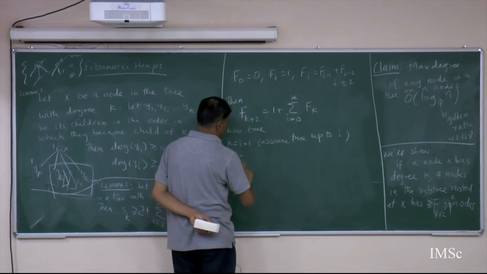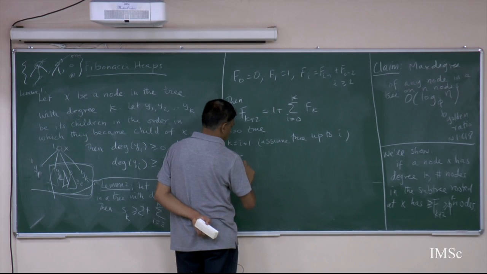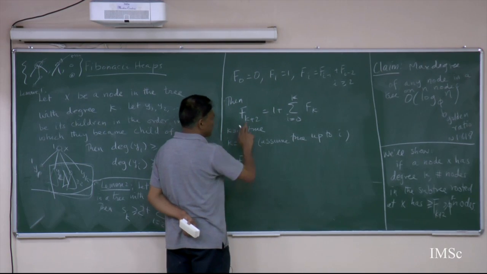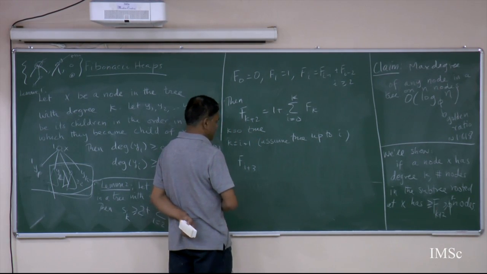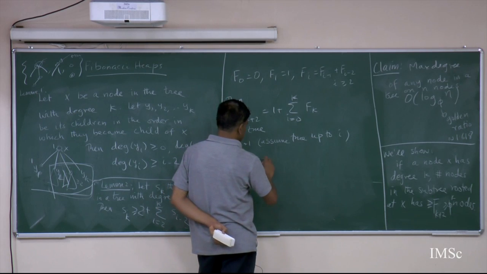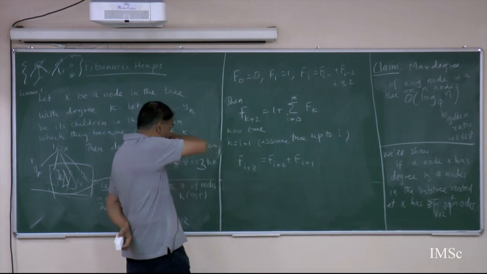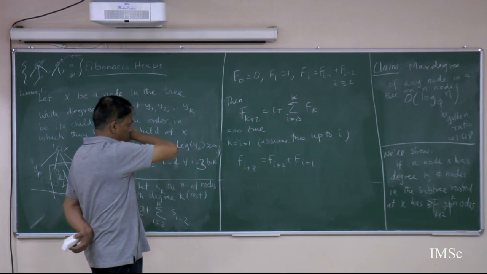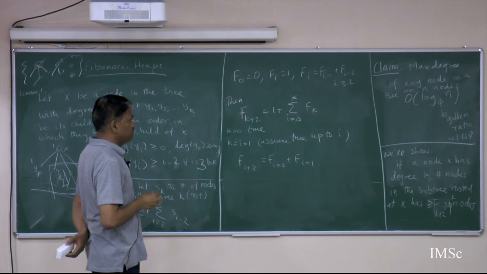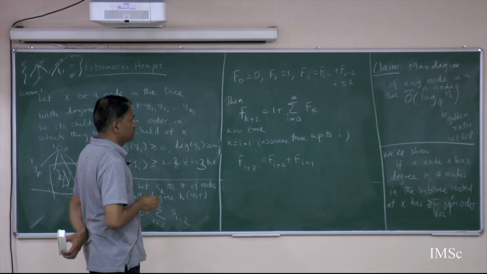Then F(i plus 3), and k is i plus 1, so k plus 2 is this. By definition, this is F(i plus 2) plus F(i plus 1). The index on the summation is i and inside is F(i). Yep.